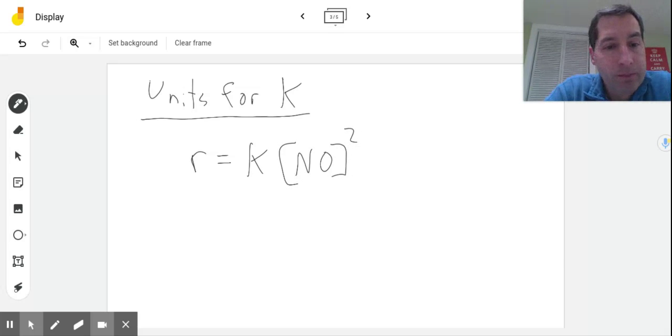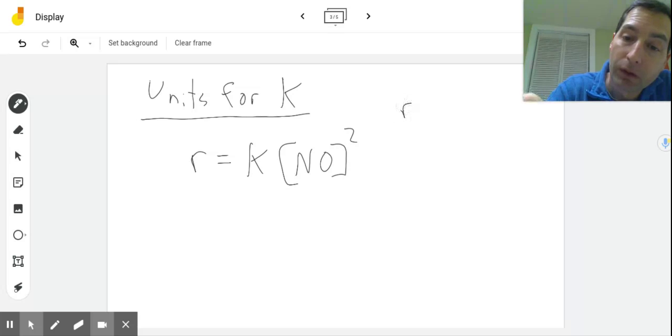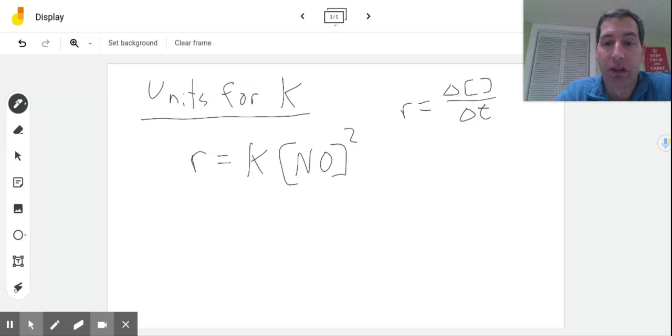Now, rate is a change in concentration over a change in time. So we know that rate is delta concentration over delta T. So if you ever see some big long explanation of that, this really just means rate.